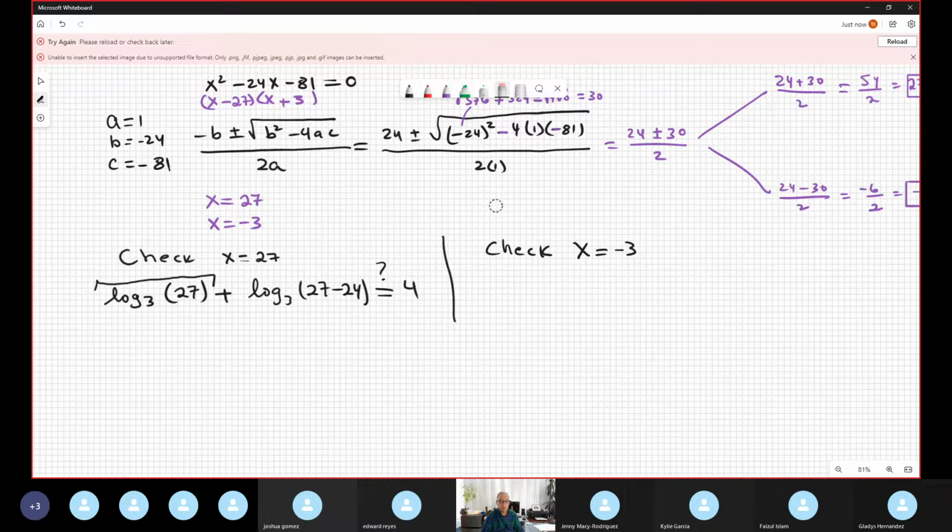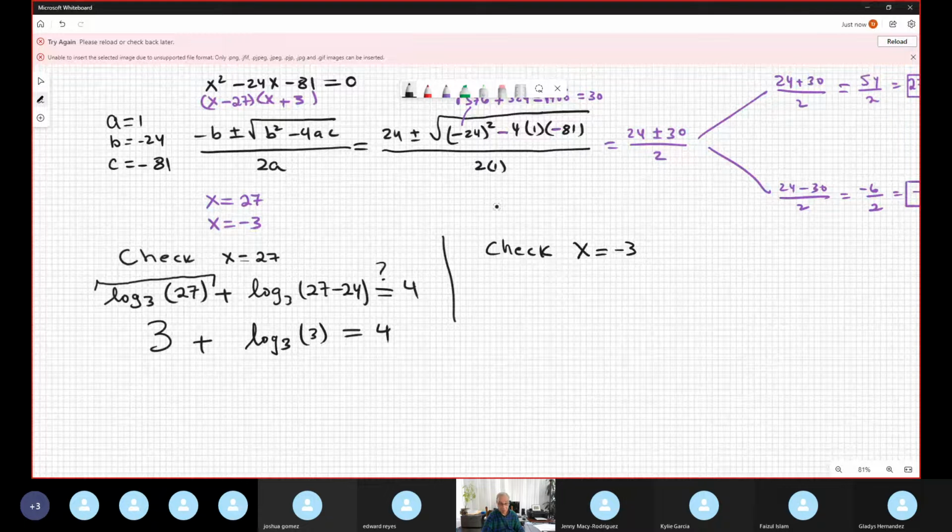So this guy is 3, definitely. Plus something. And we have logarithm base 3 of the subtraction 27 minus 24, which gives 3. And what about logarithm base 3 of 3? You know it by memory, or you apply the calculator.